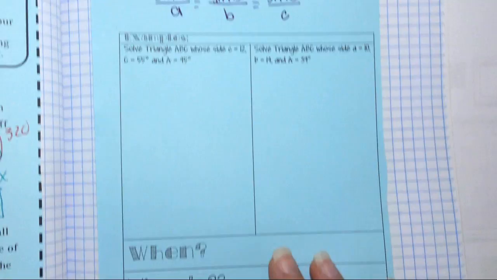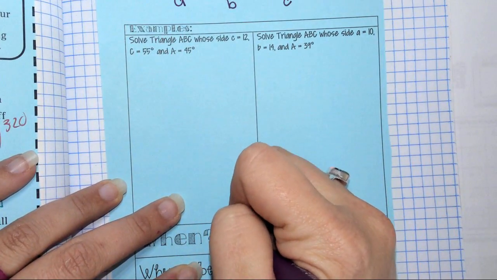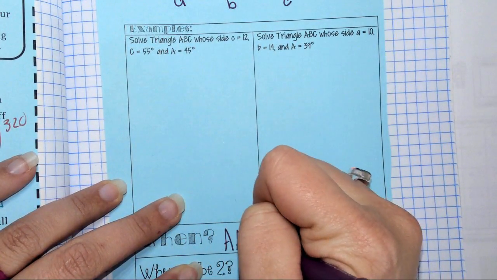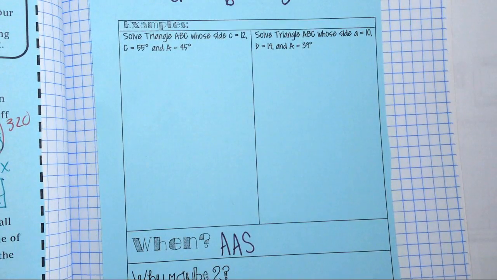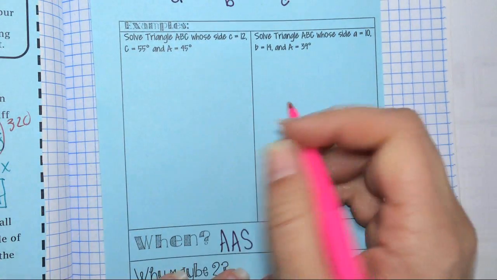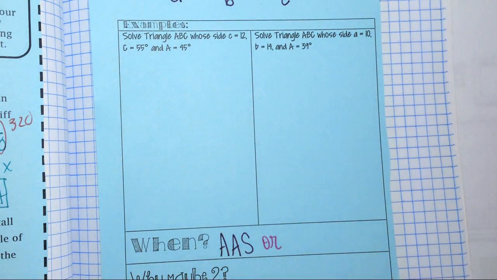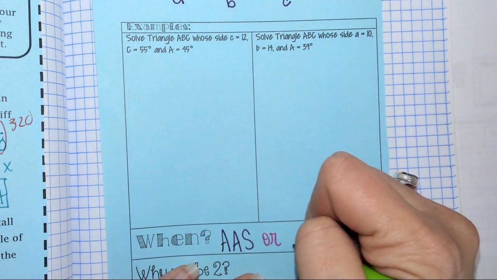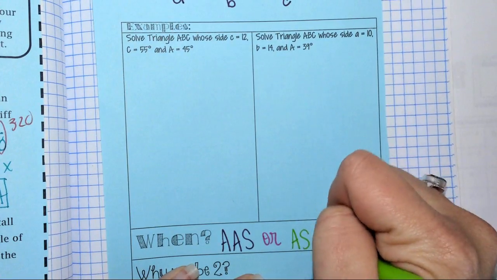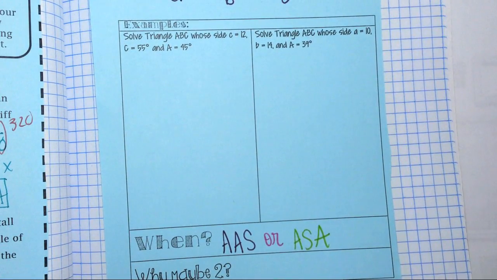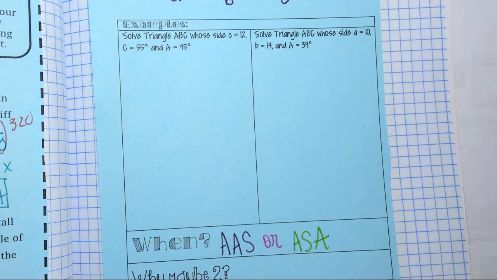So you can use these only when you have angle, angle, side, or angle, side, angle. And what do we not want to be? Don't be an angle, side, side, or a side, side, angle.